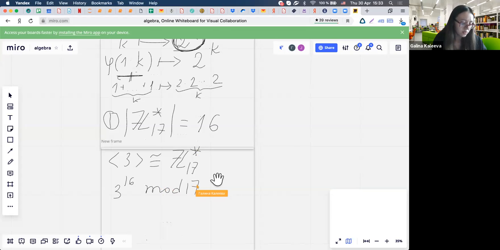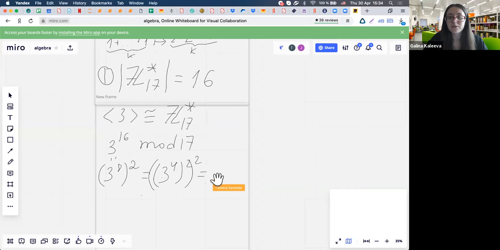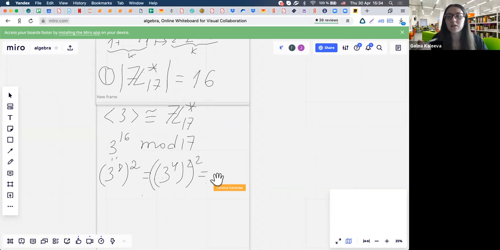We have to find 3 to the 8th power squared and 3 to the 4th power squared, etc. You also remember this from your lecture, yeah? And on every step, we should reduce the result modulo 17. So their powers won't be very big, okay?